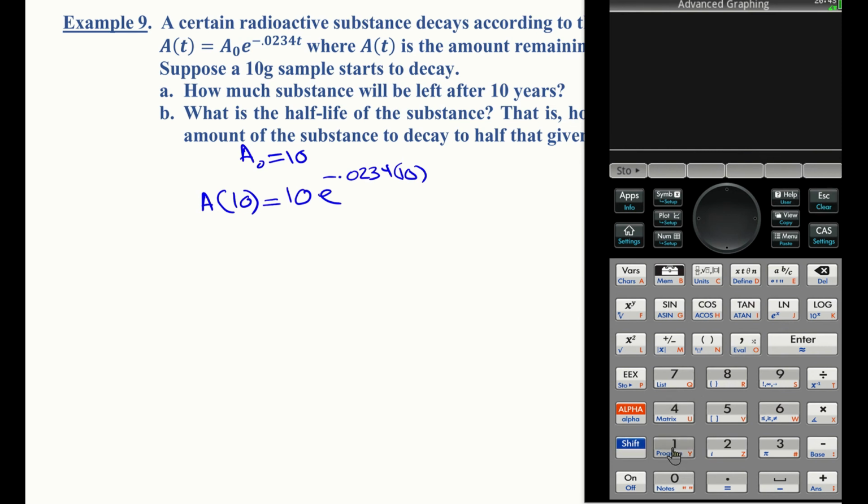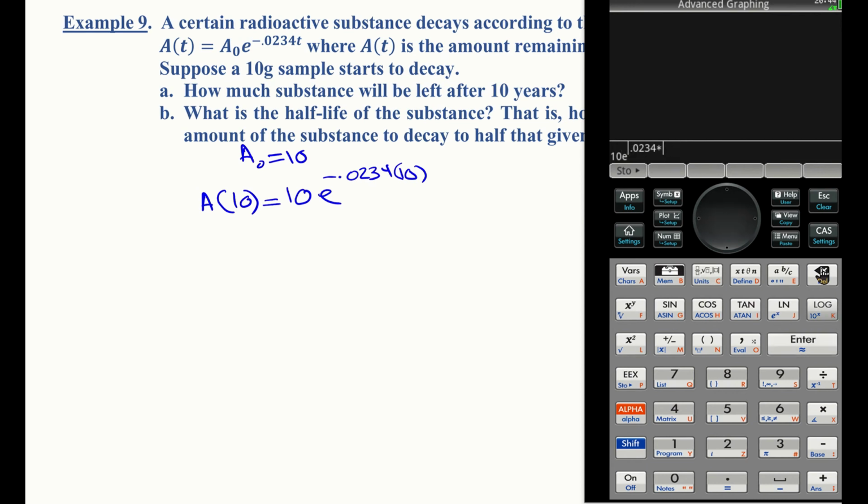All right, so let's go back. So 10 e to the power of negative 0.0234 times 10. Now I'm seeing something here which I'm not recognizing.